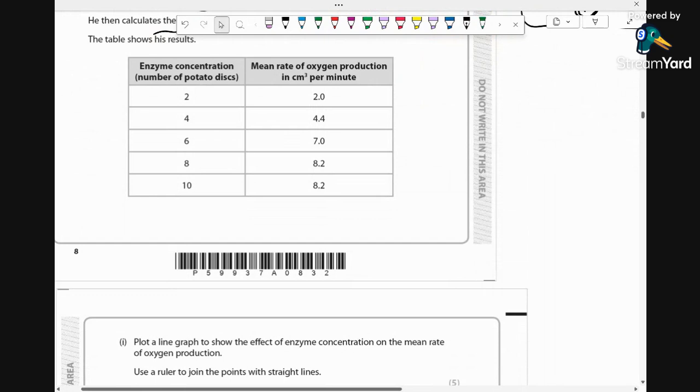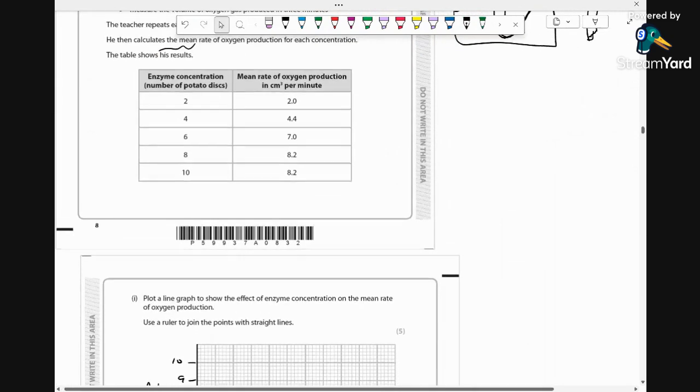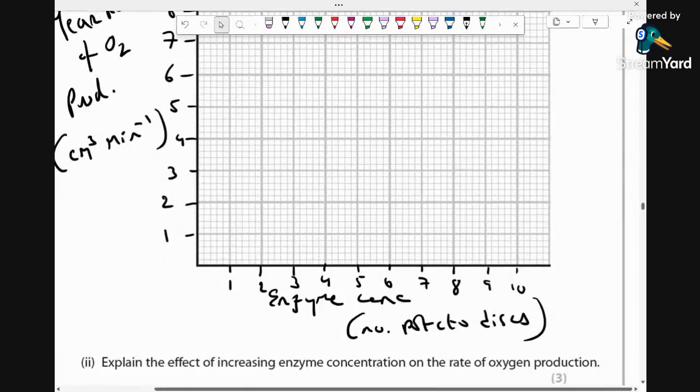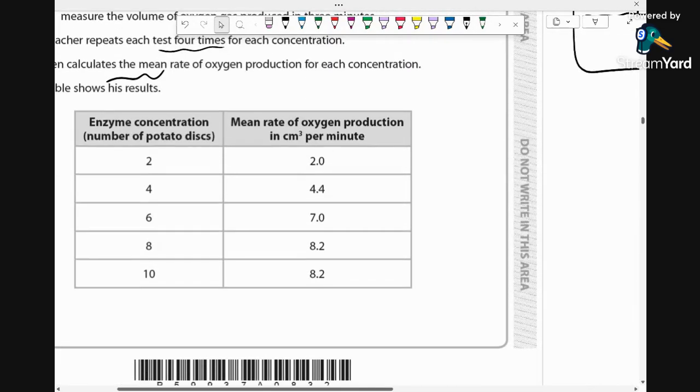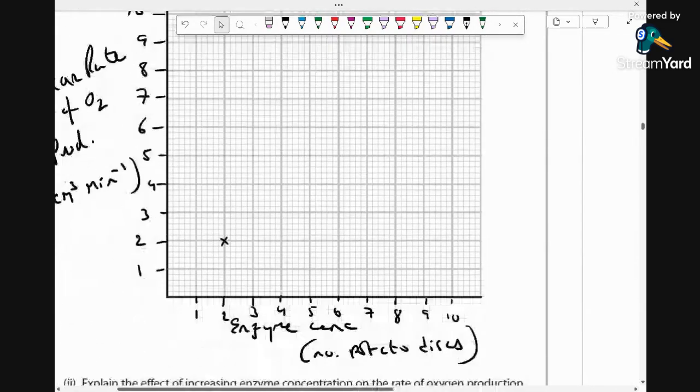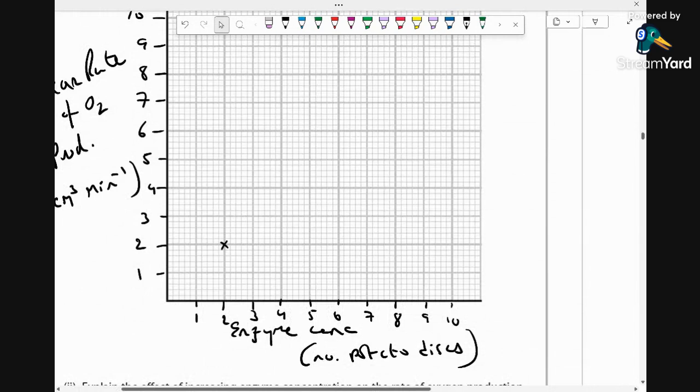Right, so we just need to plot this now, which is a little boring, but there we go. So 2 is 2. That's nice and easy. So 2 and 2. 4 is 4.4. So 4.24. There we go. Oops, I've done that completely the wrong thing. Sorry.